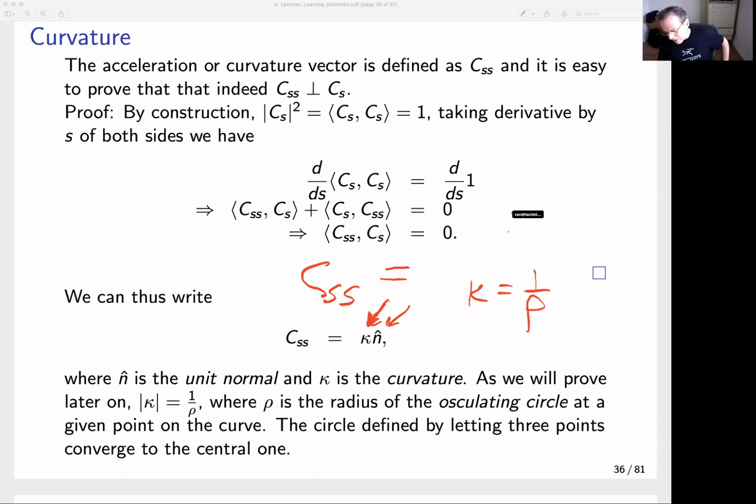Numerically, if I'm looking at a curve that is defined by these points, a polygon, then I can take in each and every 3 points, fit a circle between these points, and 1 over the radius of these 3 points would be an approximation of my curvature.